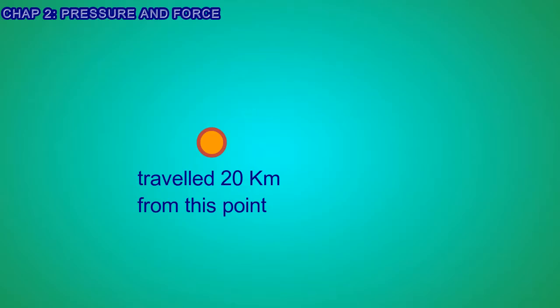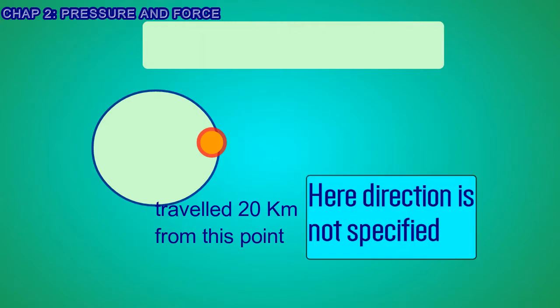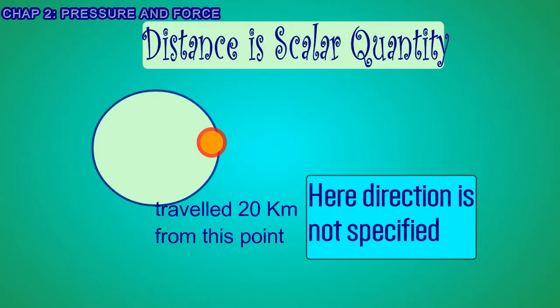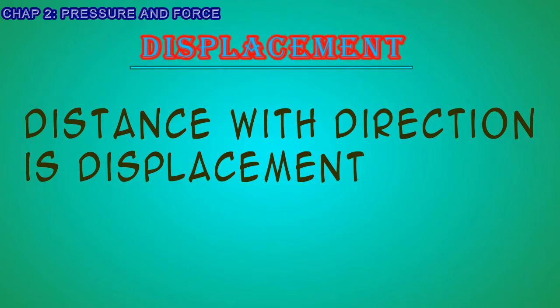Maybe here, maybe there, or maybe they went just around the circle, as it is not specified. Direction, it is a scalar quantity. That brings us to displacement. So what is displacement? Distance with direction is displacement.